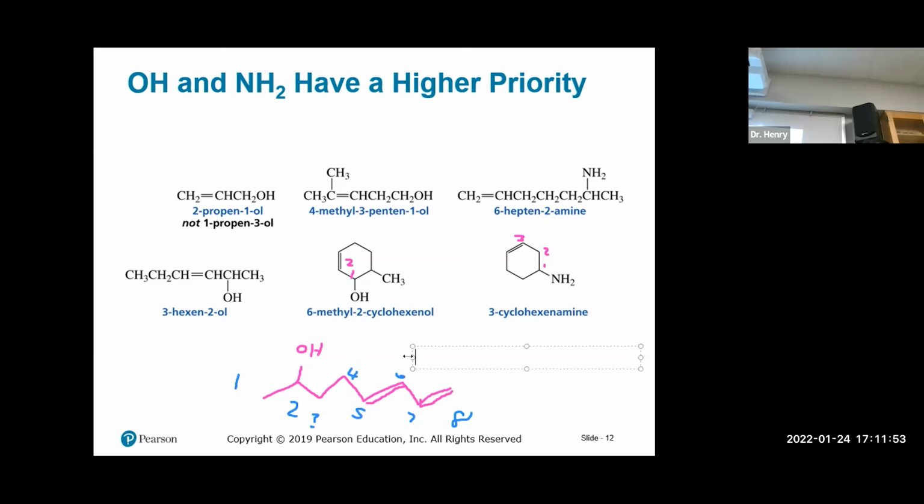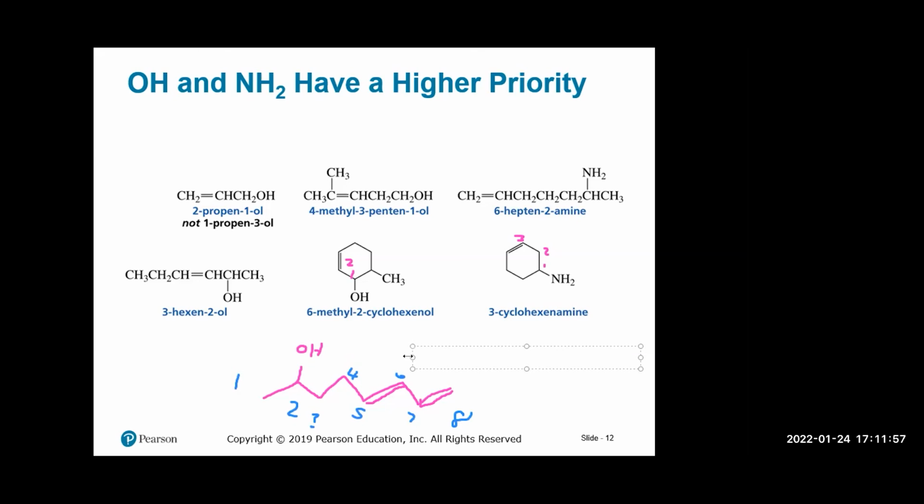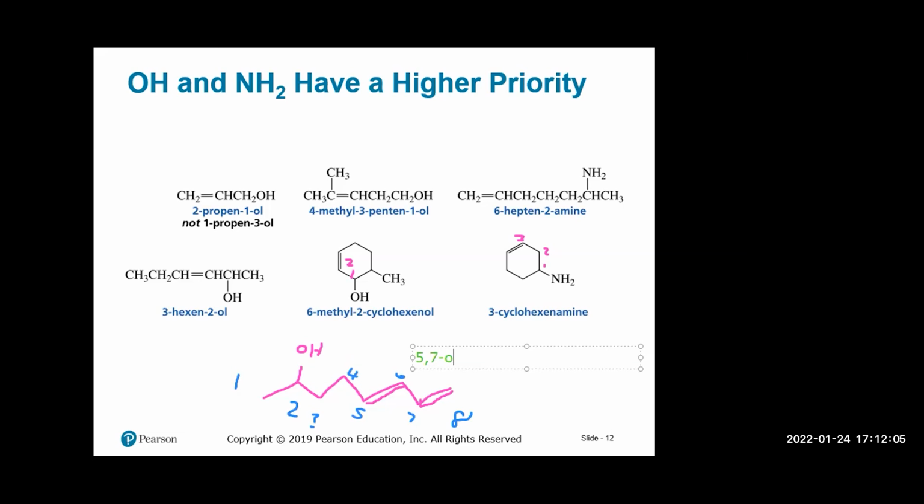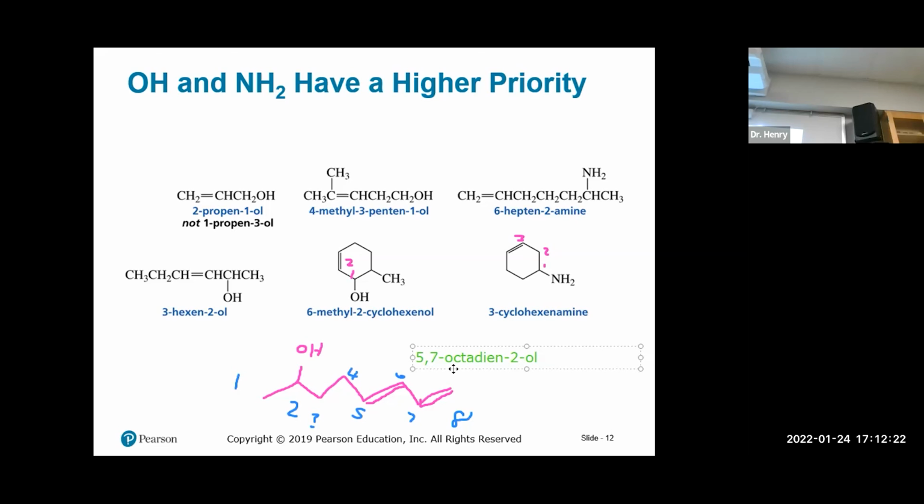So what are we going to call this? 5,7-octadien-1-ol. 5, 7. You guys agree?